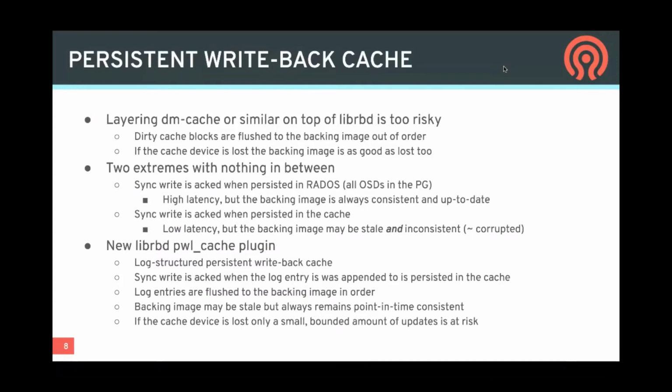This is done according to whatever cache policy, but none of the supported cache policies can implement in-order flushing. And so with the current caching solutions, at least those that are widely used and easily available out of the box, you're sort of stuck at one of the two extremes.